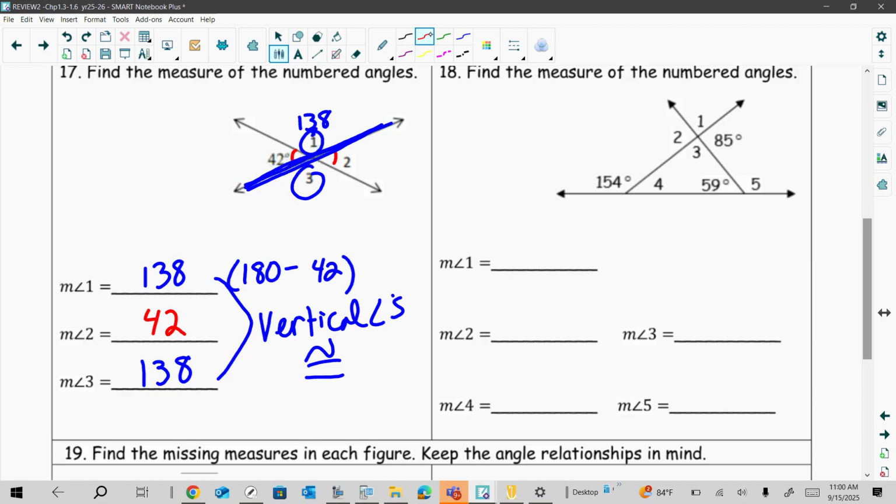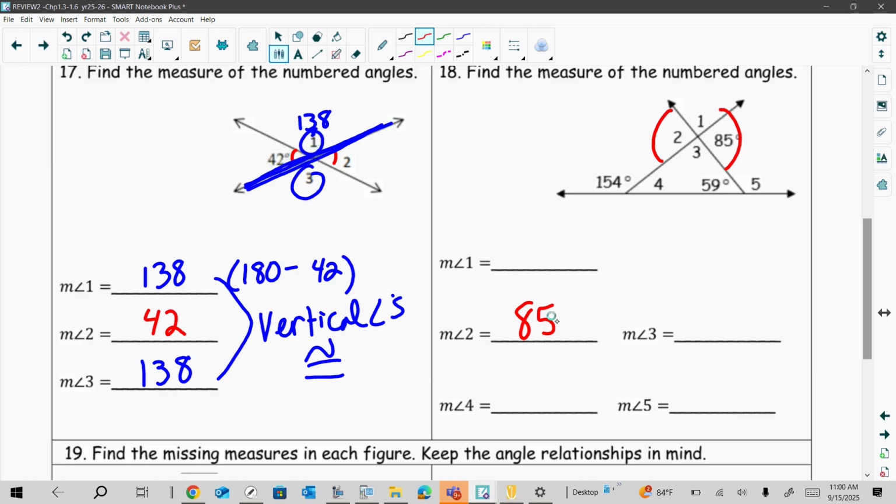Okay, which angle measure do you have that has a vertical to it? 2 and 4 are not vertical. He said 85. Yes, 85 is vertical to angle 2. So we know angle 2 is 85. Do your vertical first. That's the only vertical that we have a measure for.